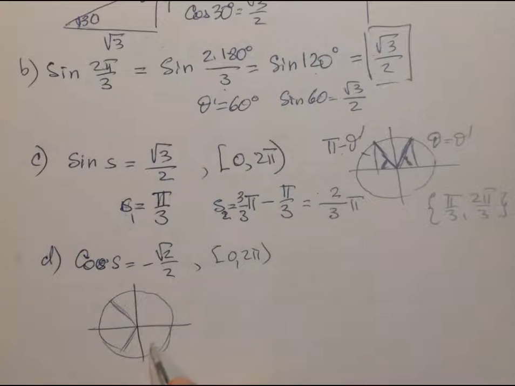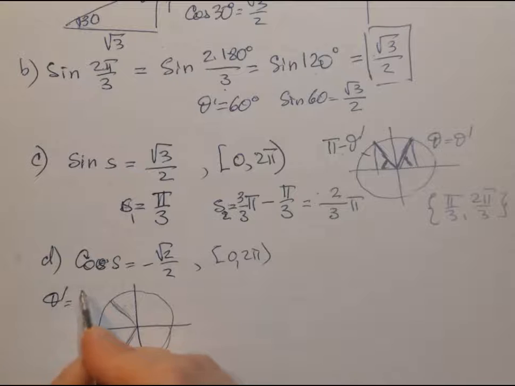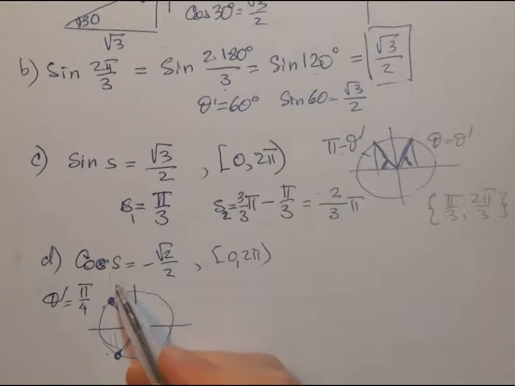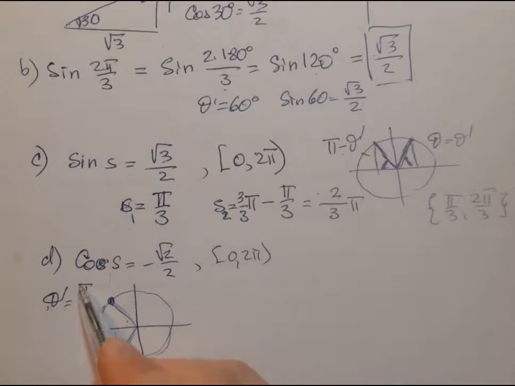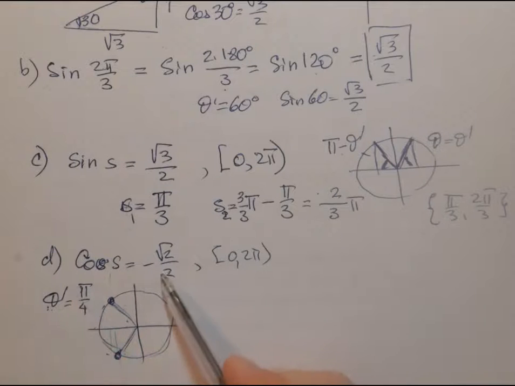The reference angle, theta prime, is 45 degrees or pi over 4. Or, if you have a unit circle chart, you can just look at which points have the cosine, the x component, equal to negative square root of 2 over 2. You should actually remember this already: the angle of 45 degrees, so pi over 4, has sine and cosine values equal to square root of 2 over 2, or 1 over square root of 2.